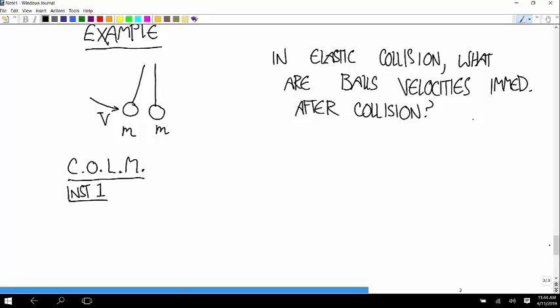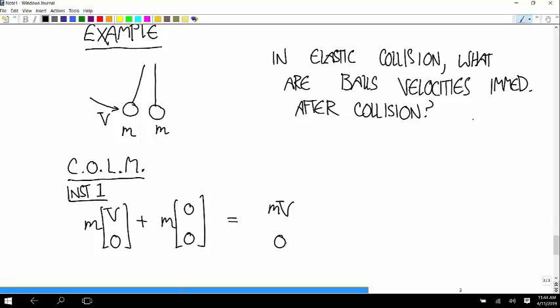This one has no velocity, it's just sitting there at rest. And so the momentums of these are mass times v0, that's the momentum of the first one, plus mass times 0, that has no momentum. And so the sum of those two linear momentums is just mv for the x component, 0 for the y component.